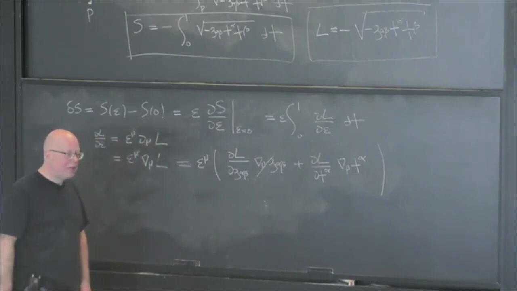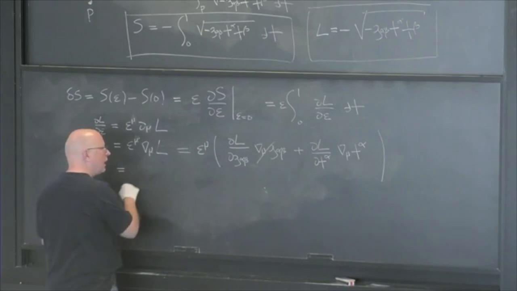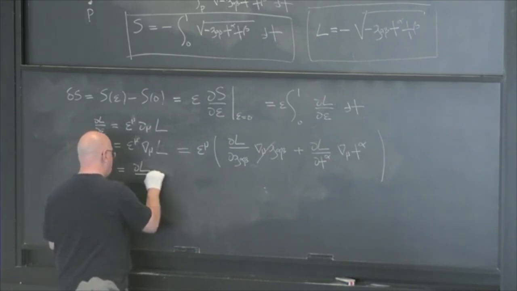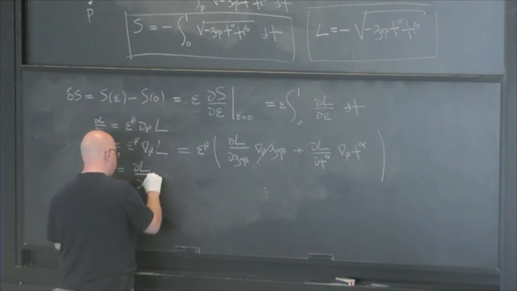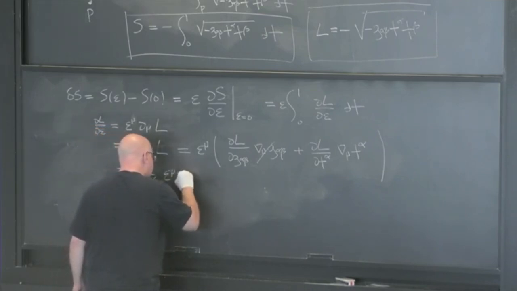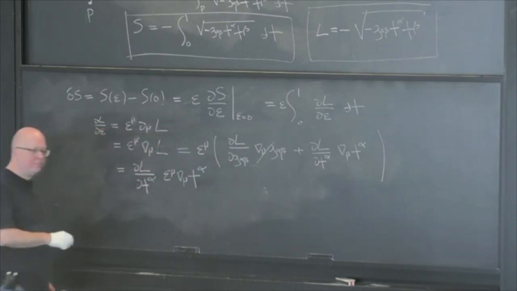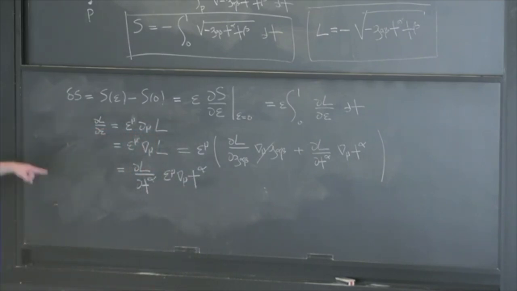So that's the calculation that we have to do, and that goes away, and we're left with this. So what are we left with? We're left with partial L, partial t with respect to alpha, and then we have the epsilon covariant derivative of t. And now I'm going to make the switch.